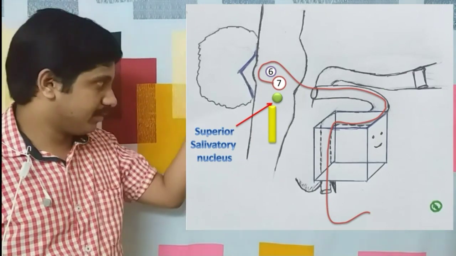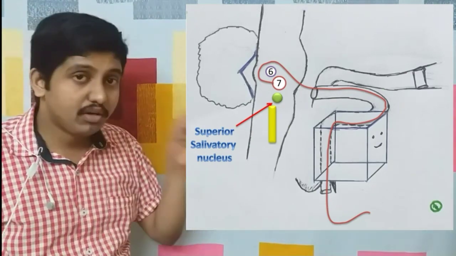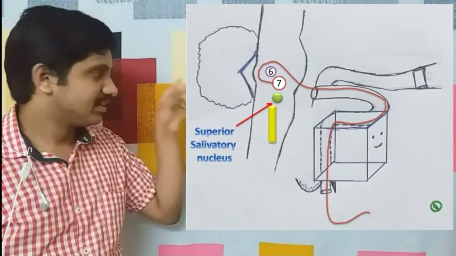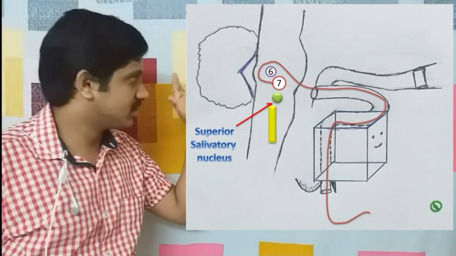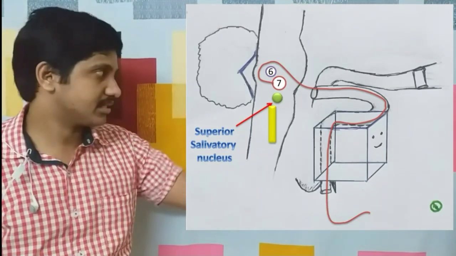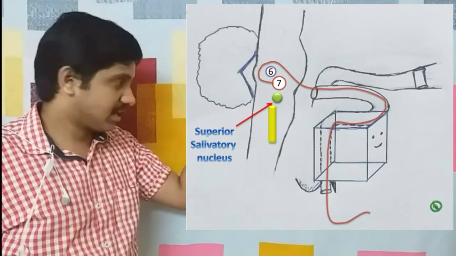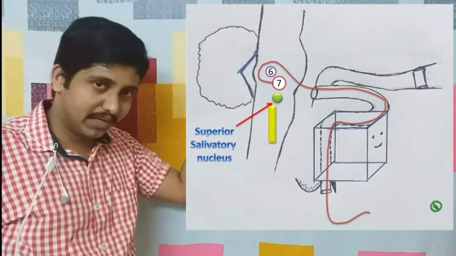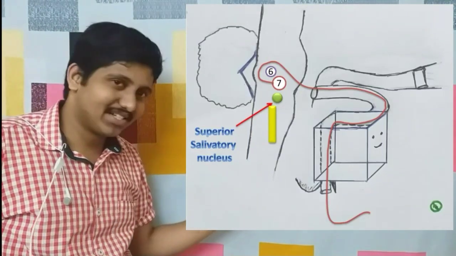I have represented the anterior wall using that smiley; the face is facing anteriorly, so that side is the anterior side, and this is the posterior side. So it forms a posterior wall, and then it goes vertically downwards by again taking a bend, and goes downwards and downwards.